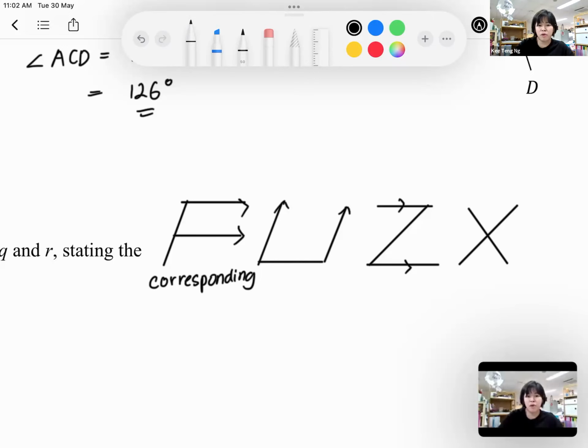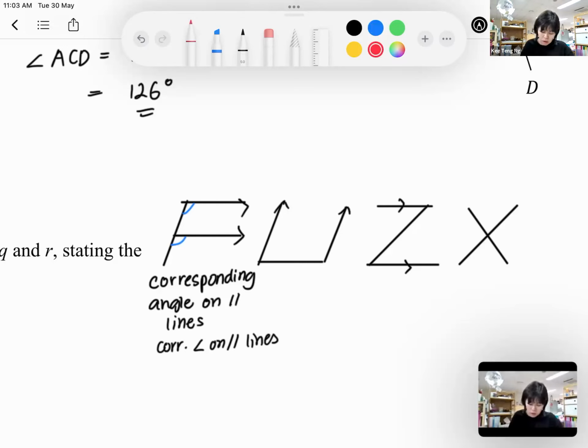Okay, corresponding angles on parallel lines. The short form is corr. angles on parallel lines. The corresponding angles, these two, are the same. Corresponding angles are equal.